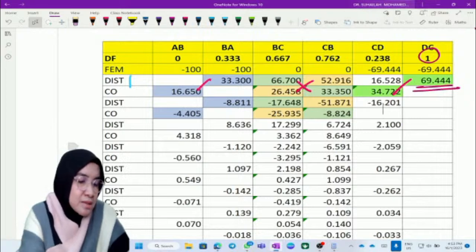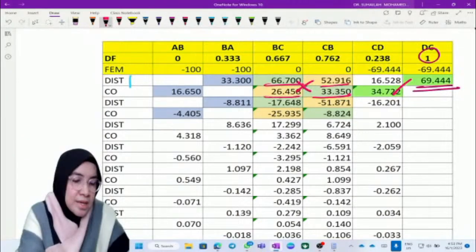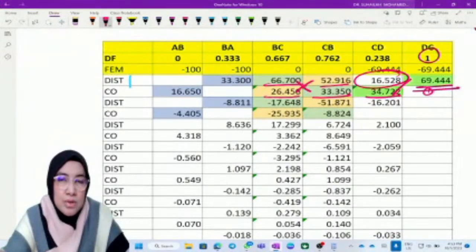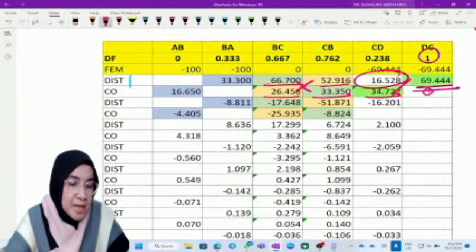So we get 16.65, and then we get 26 from 52, we get 36, we get 34.6 and 16. For this 16, the factor is 0, so we do not carry the value and we just leave it blank. Okay, and then we repeat again.